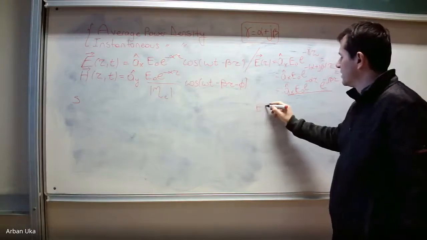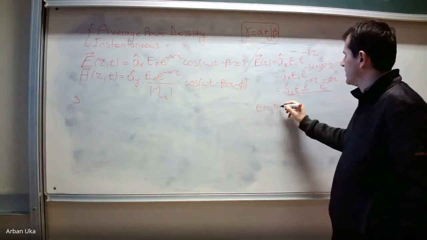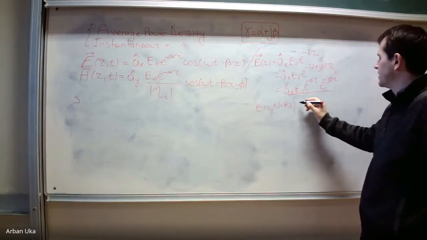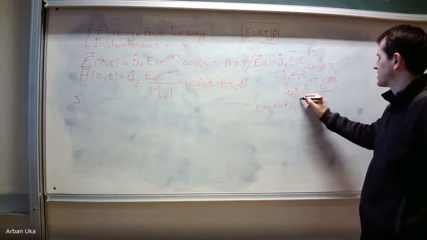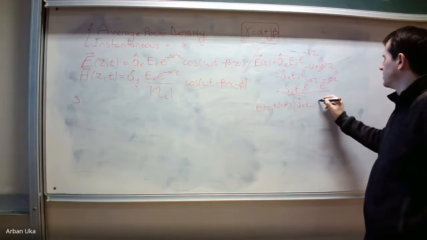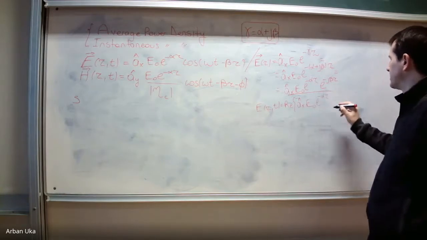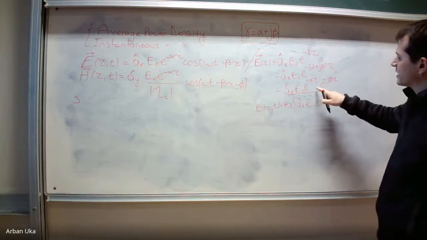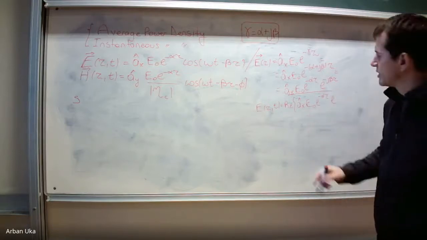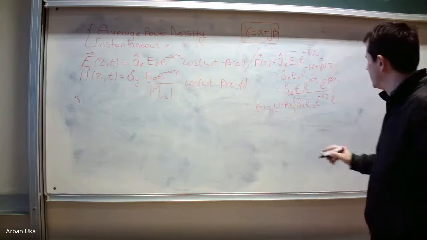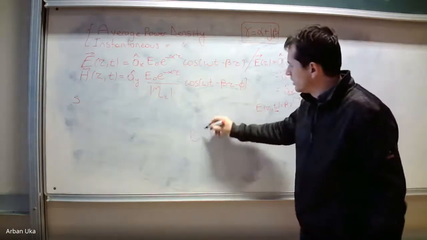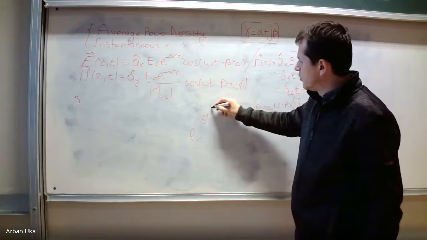We say that E(z,t) is equal to the real part of the phasor, which in this case is a_x E0 e^(-alpha z) e^(-j beta z). So we multiply this term with the time propagator, since now we added the time. We always add this term, e^(j omega t).